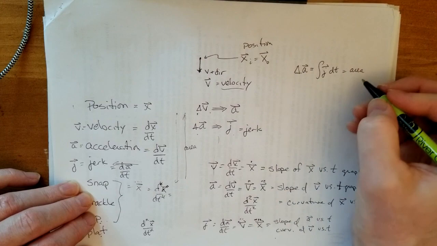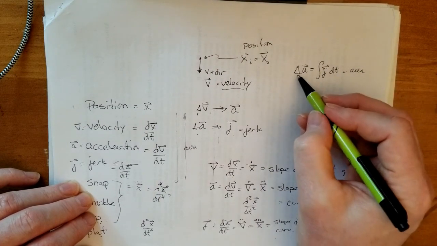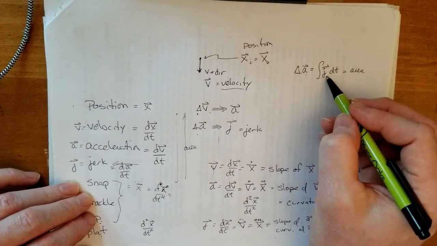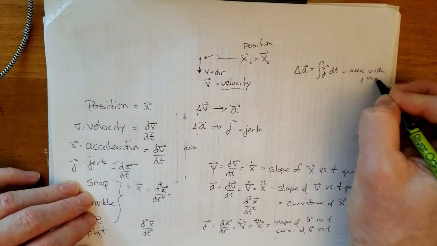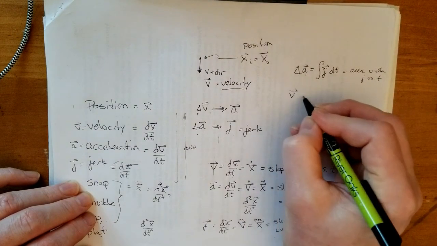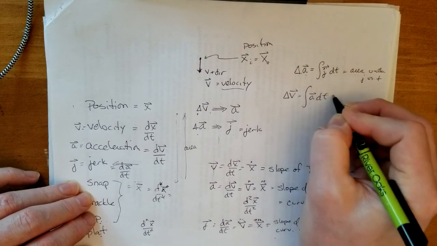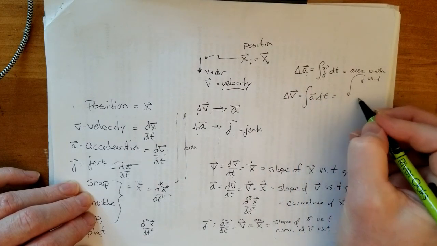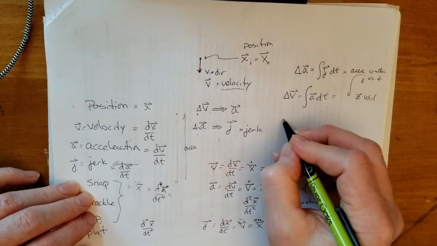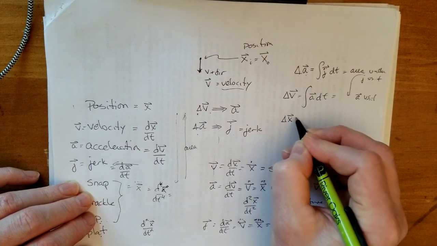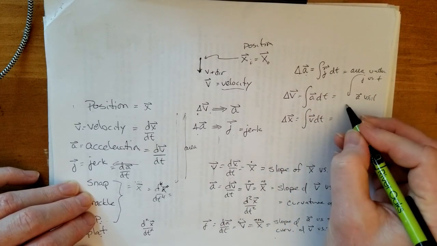Technically, change in acceleration is equal to the antiderivative of jerk, and this is area under jerk first time. Change in velocity is the integral of a dt, so it's the area under acceleration first time. And change in position or displacement is equal to the integral of v dt.